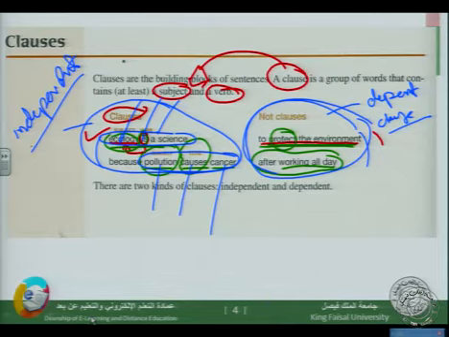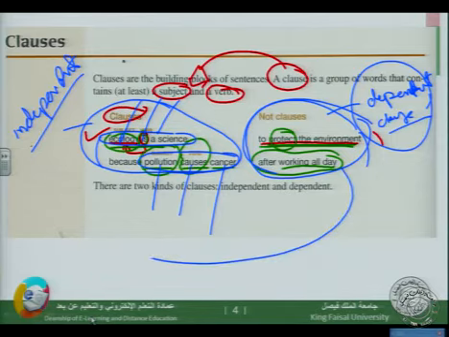Is it meaningful? No. Does it have a subject or a verb? No. After working all day, the same. It doesn't have a meaning. After working all day, what next? What happened? To protect the environment, what happened? So the dependent clause can't stand alone by itself.